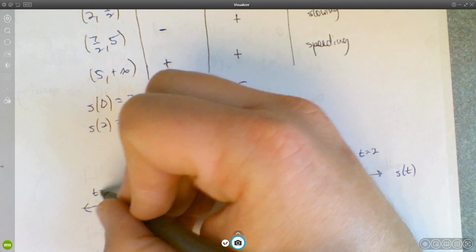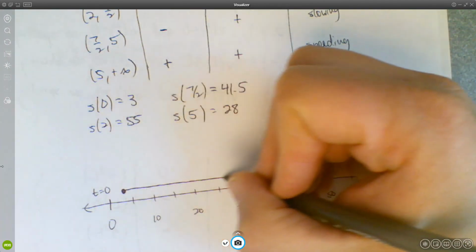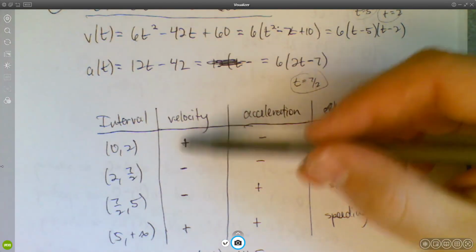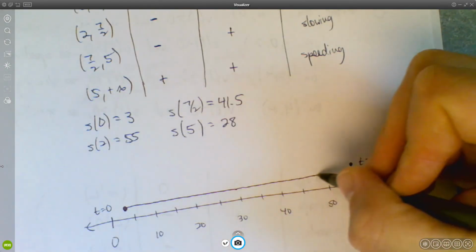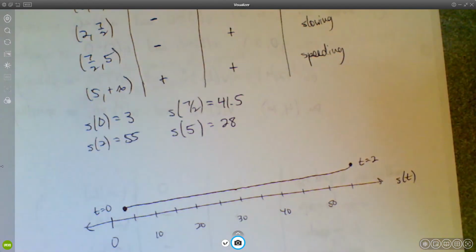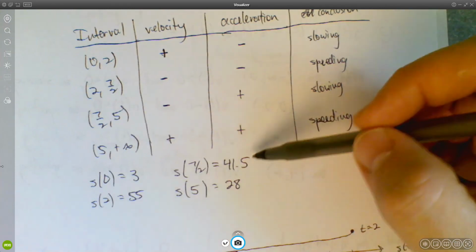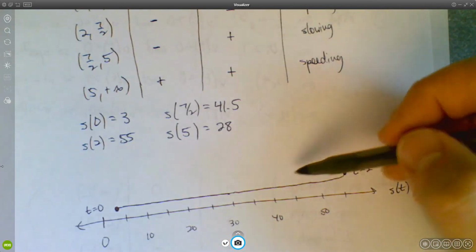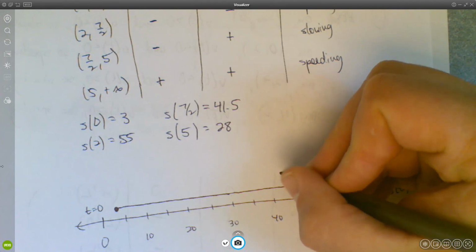We're increasing, because our velocity is positive. Then by the time we get out to 55, we go backwards to 41.5, so that's maybe right about here.